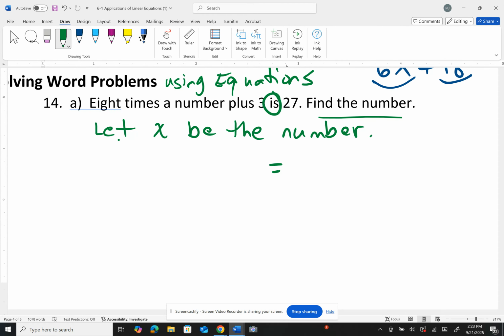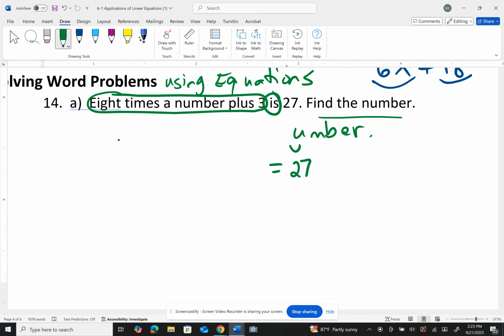Then, do you see how on the right-hand side of that is the number 27? On the left-hand side is a phrase just like what we were working on in the earlier questions. So we're going to try to translate that phrase, okay?